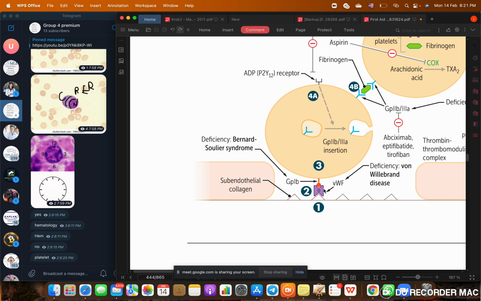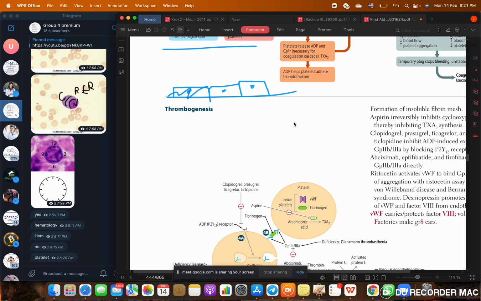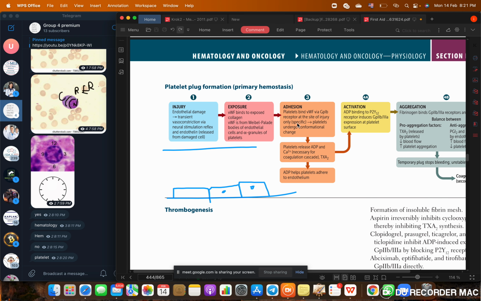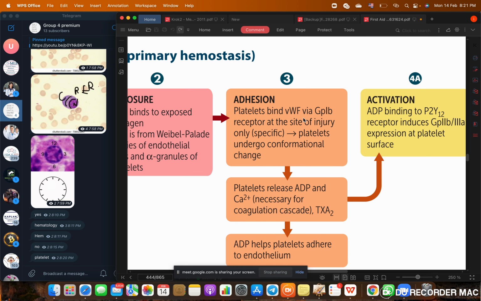So the GP1B binds to the von Willebrand factor into a platelet. Okay, what else they write here? The next process is adhesion. Platelet bind von Willebrand factor via the GP1B receptor at the site of injury only. This is a specific reaction. It's really good because the aggregation and the thrombosis will be only at the site of injury.